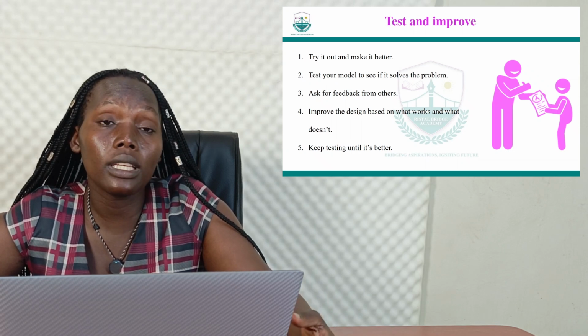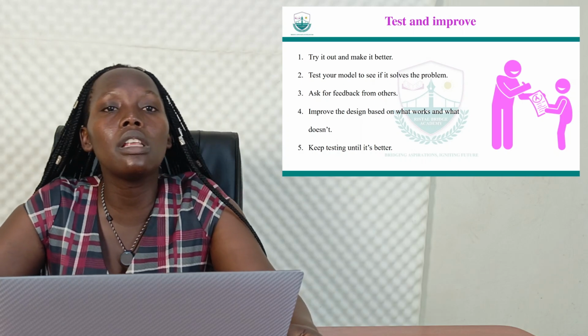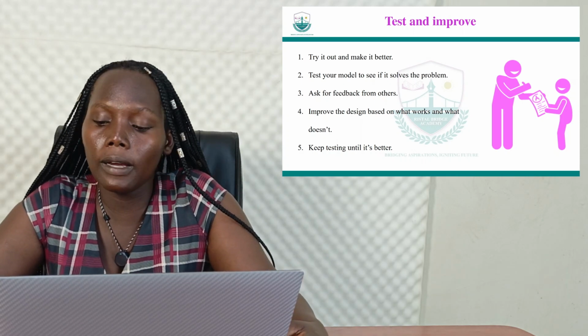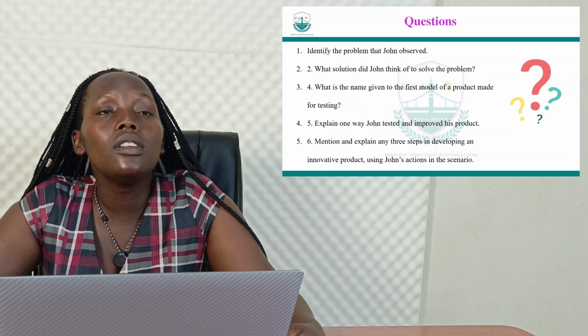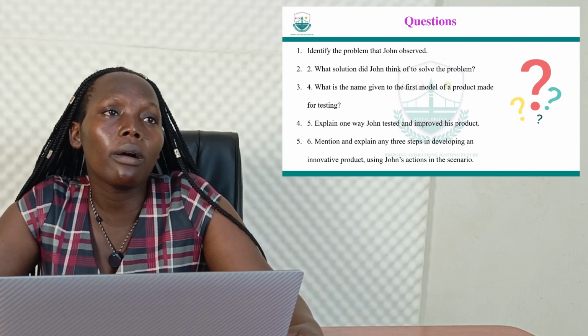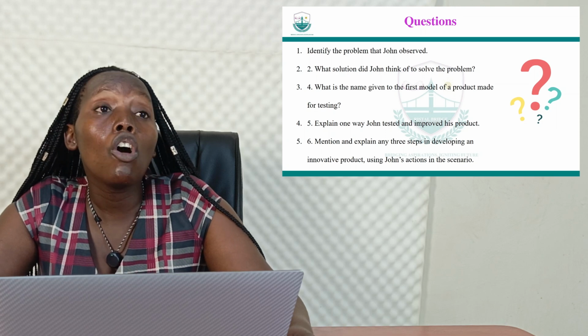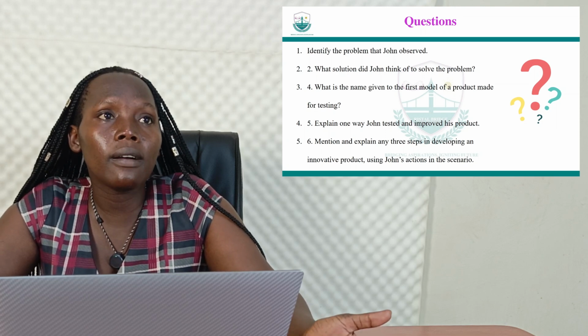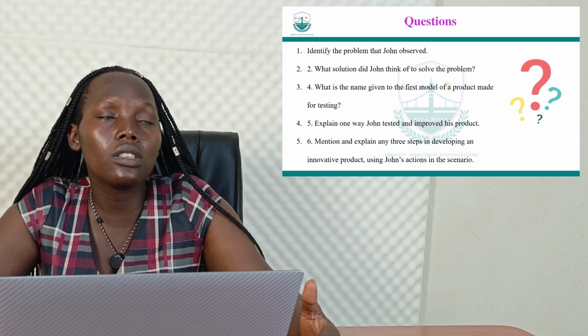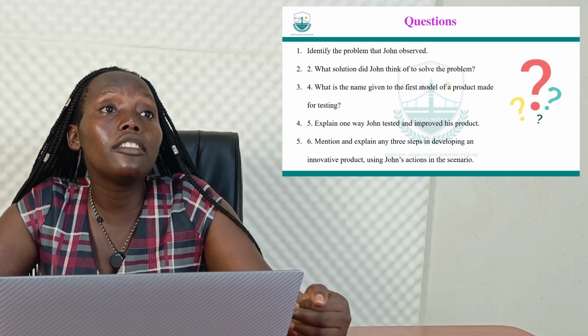We also see: explain one way John tested and improved his product. And question number 5 says: mention and explain any 3 steps in developing an innovative product using John's action in the scenario.